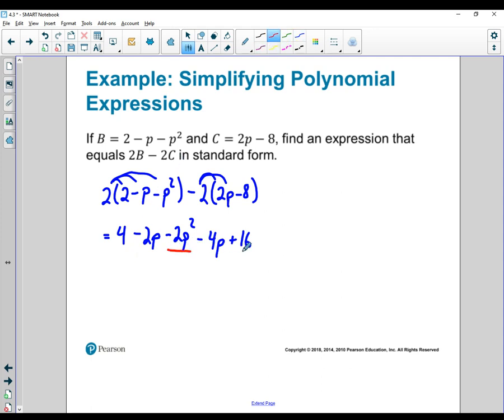I see a p squared, but I don't see any others. So I just write negative 2p squared. Now I'm going to move on to the p's. I see a negative 2p and a minus 4p, so minus 2p minus 4p. And now the constants, I have a 4 and a 16. So positive 4 and plus 16.